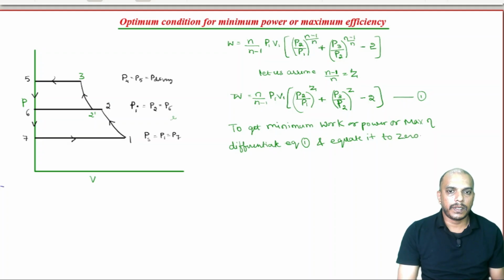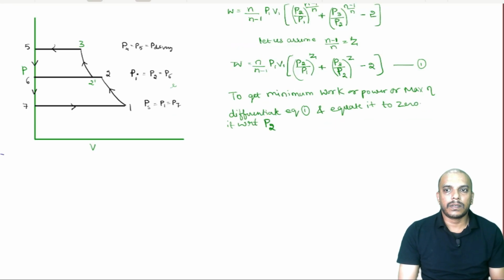I mean, we must differentiate it with respect to the intermediate pressure, or what we call P2. So, let us differentiate expression 1, that is dW divided by dP2 must be equal to 0. Now, I will differentiate it.